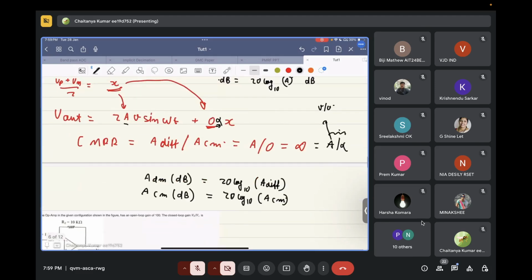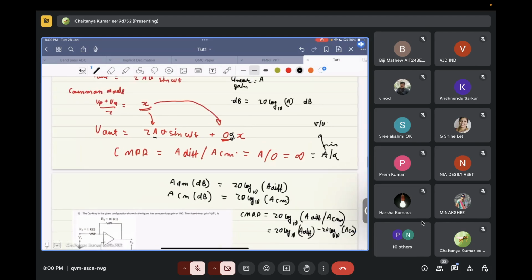Now, what will be our common mode rejection ratio in decibels? 20 log 10 of A diff by A common mode. Now, division inside the log will be subtraction when you take the log of both of them. So it will be basically 20 log 10 A diff minus 20 log 10 A common mode.